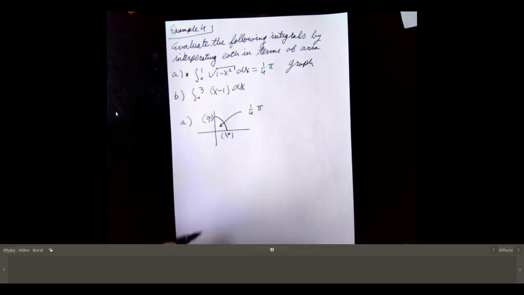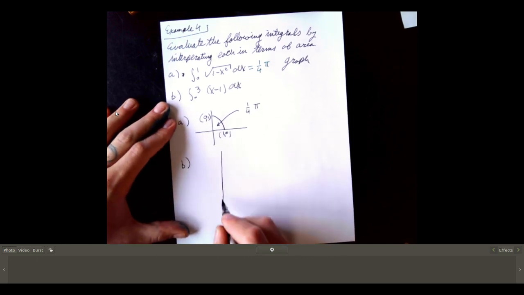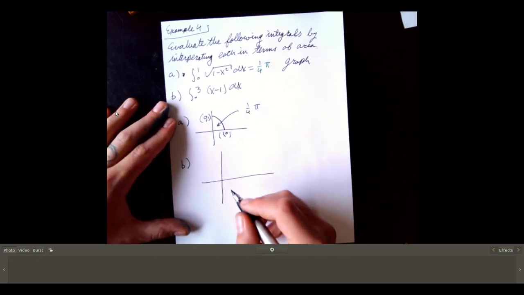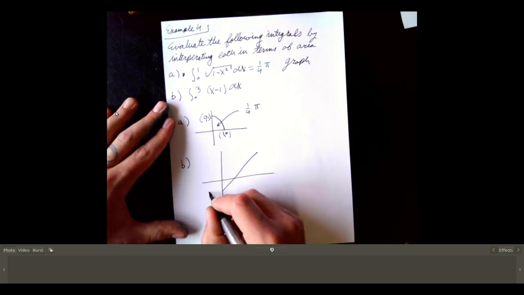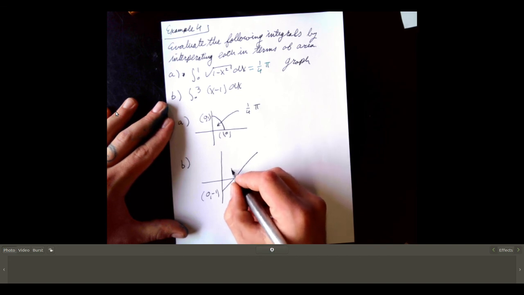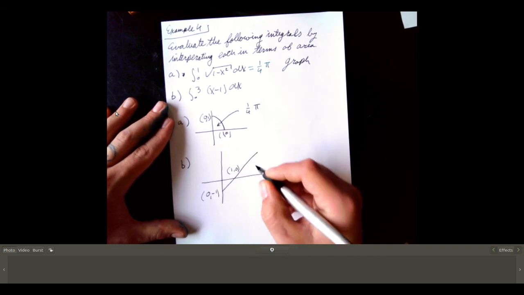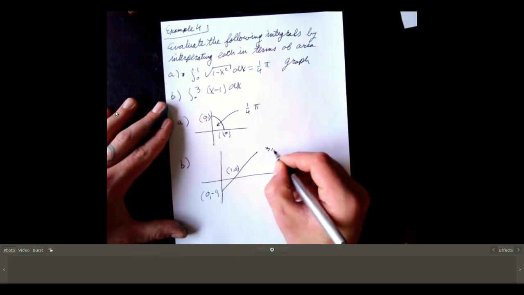B is similar. It's got a trick to it, but very similar. x minus 1 kind of looks like this. We're at the point (0, -1). We cross at the point (1, 0). And then we go up to the point (3, 2).